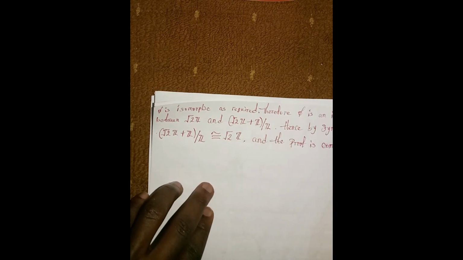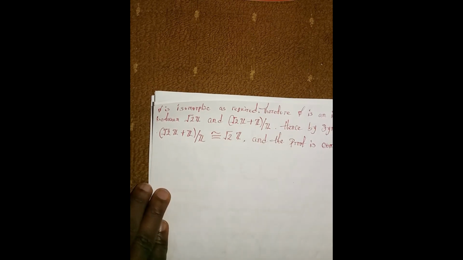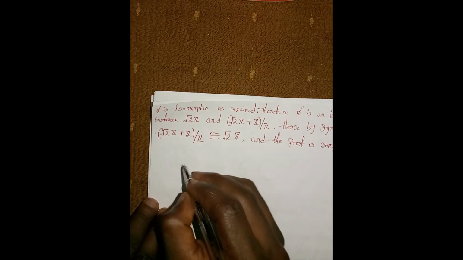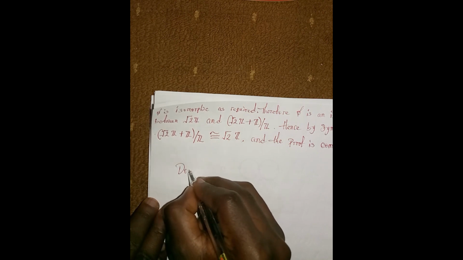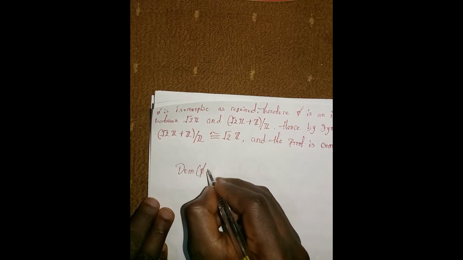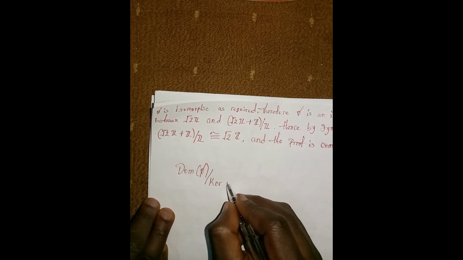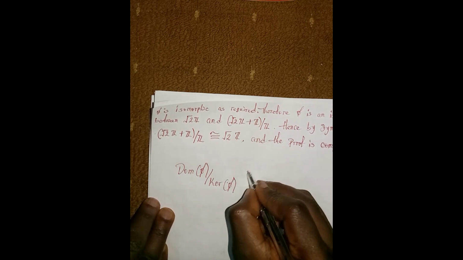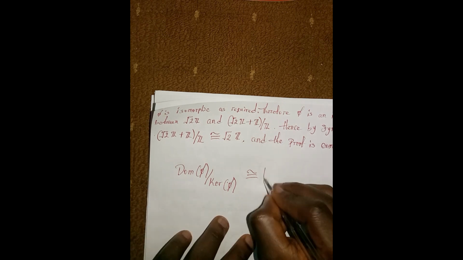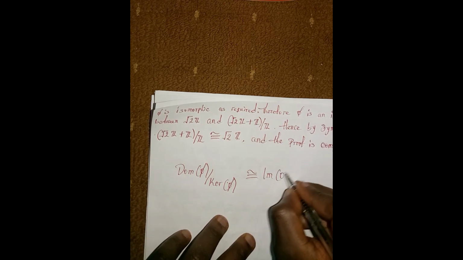Now, also remembering from abstract algebra, we know that the first law of isomorphism, or the first isomorphism theorem, states that the domain of phi by the kernel of phi is isomorphic to the image of phi.